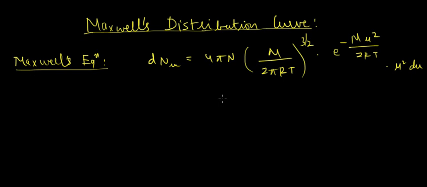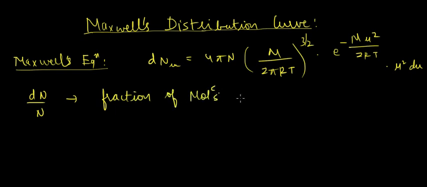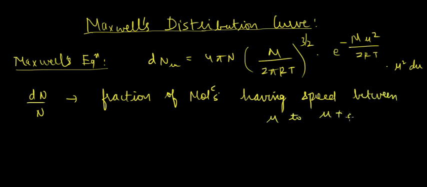Okay, so we can write first here that dn by n is the fraction of molecules having speed between u to u plus du.